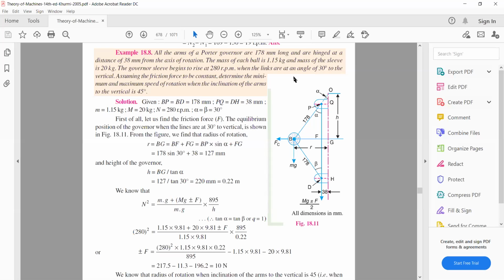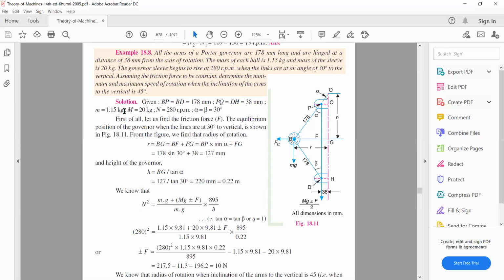All of you observe the diagram. From the problem description, first we will write our given values. The arm lengths are 178 mm, represented by BP and BD. And PQ and DH, because they may also give some offset to the pivot points, both have a 38 mm offset value.